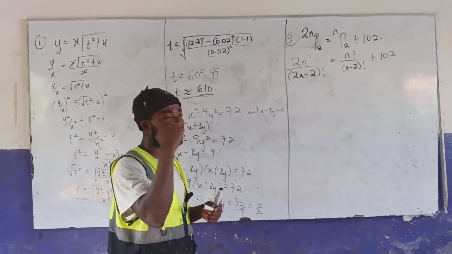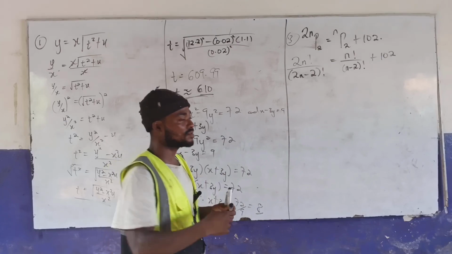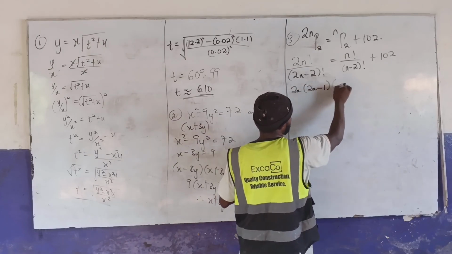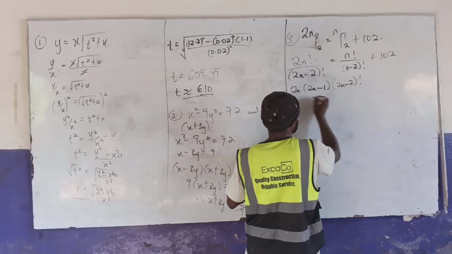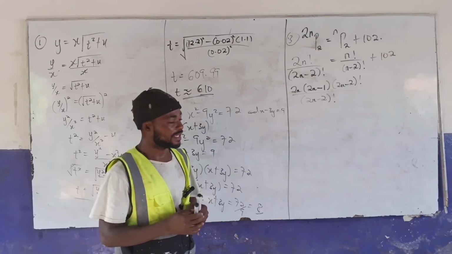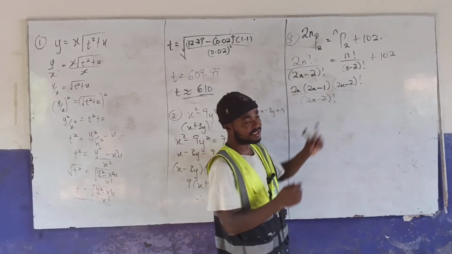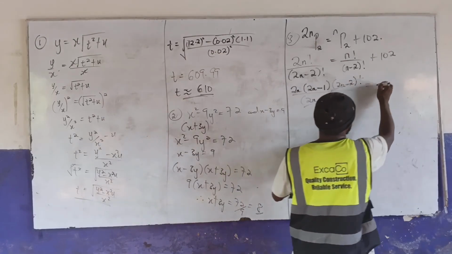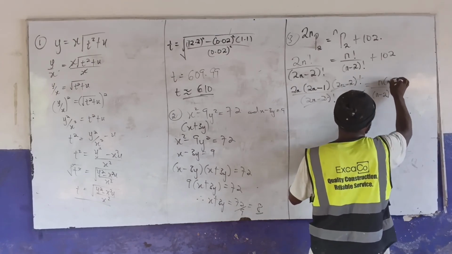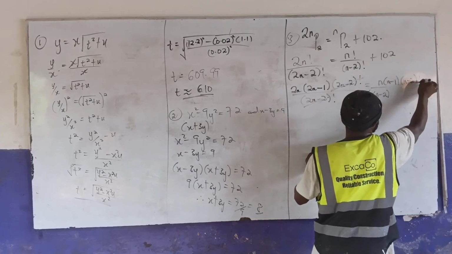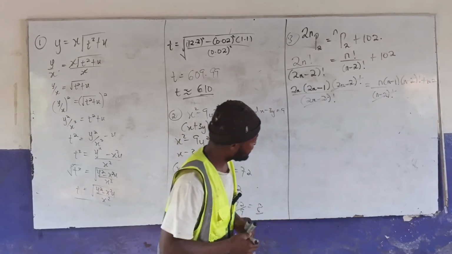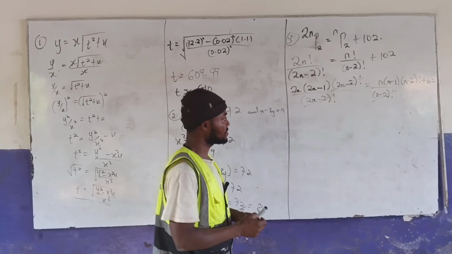So we start from 2n, come to 2n minus 1, go to 2n minus 2. I choose to end at 2n minus 2 factorial because I can see this cancelling this. And then I choose to end at n minus 2 factorial for the other side because I can see the other one cancelling.